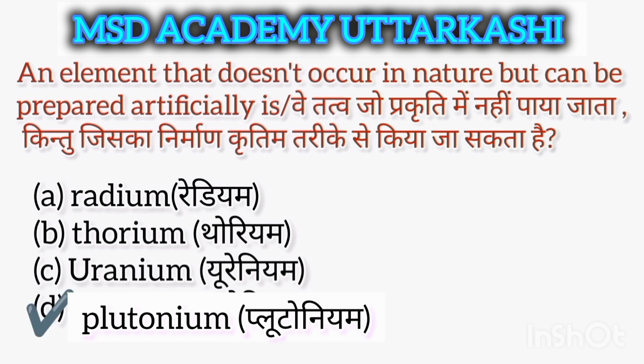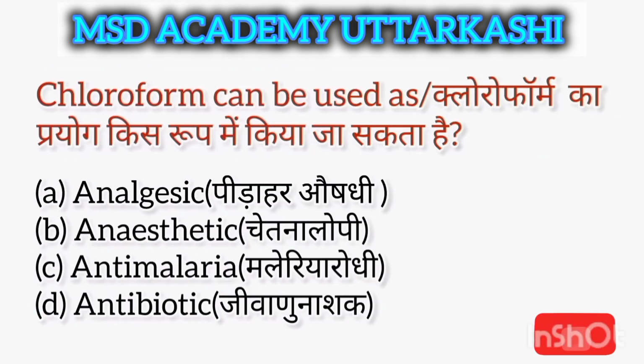Next question. Chloroform can be used as option A analgesic, option B anesthetic, option C anti-malaria, option D antibiotic. So the correct answer is option B anesthetic.